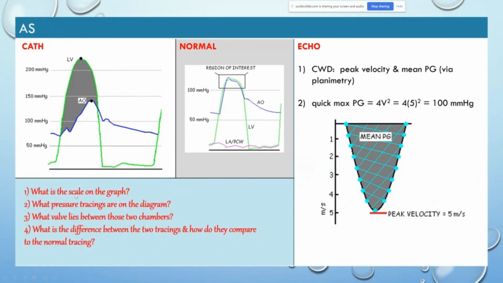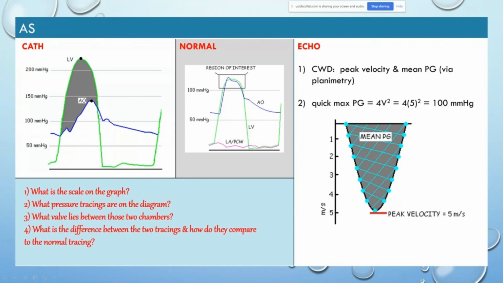Here they are. So what is the scale on this graph? 50 millimeters of mercury all the way to 200. So 50, 100, 150, 200. What are the pressure tracings that we're looking at, right? We're looking at the pressure in the left ventricle, and we're looking at the pressure in the aorta. So what valve lies between these two pressures?